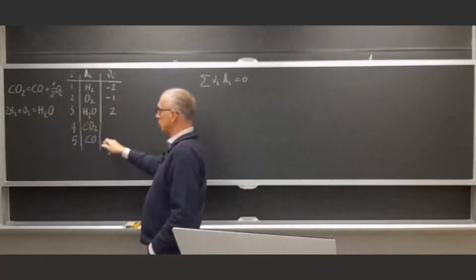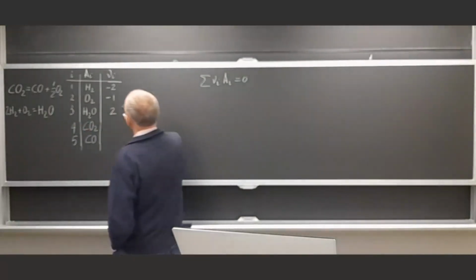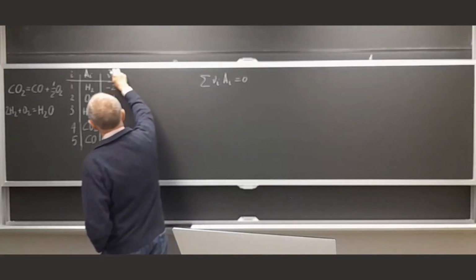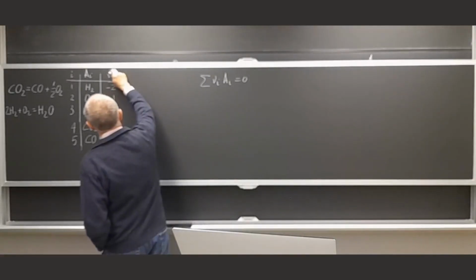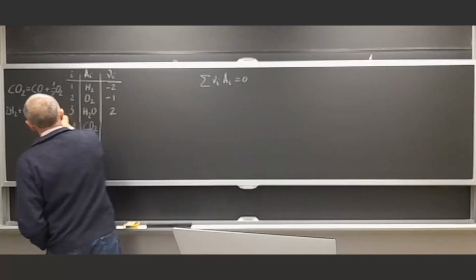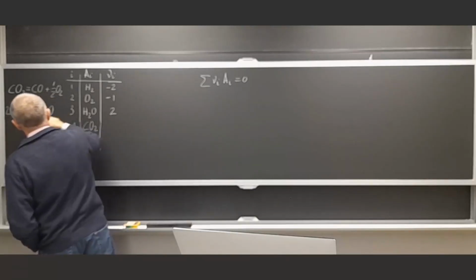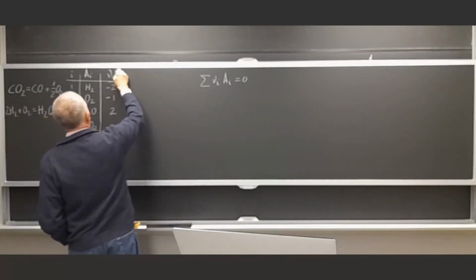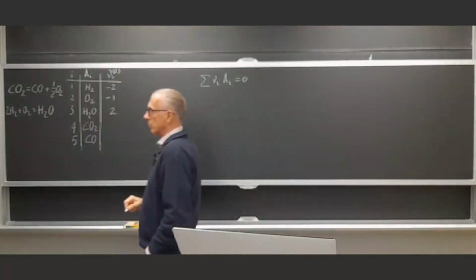We add CO2 and CO. Of course, they don't play a role in the first reaction, so we'll have stoichiometric coefficients for reaction 1. Let's say this is reaction 1, so I'm putting a superscript 1 for the first reaction.